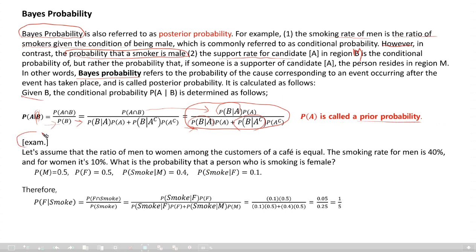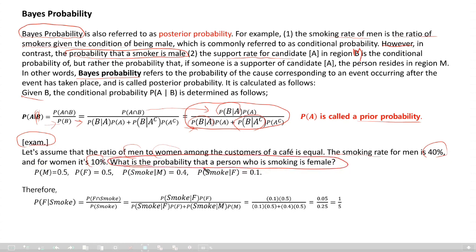Anyway, let's see an example. Let's assume that the ratio of men to women among the customers of a cafe is equal. The smoking rate for men is 40%, and for women the smoking rate is 10%. What is the probability that a person who is smoking is female?